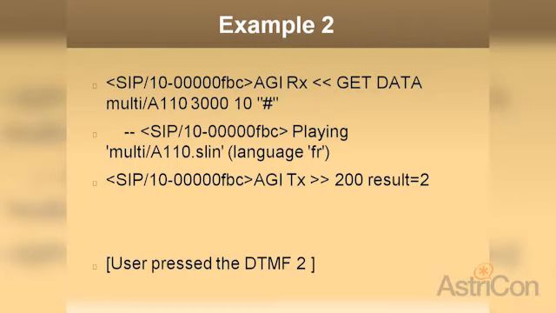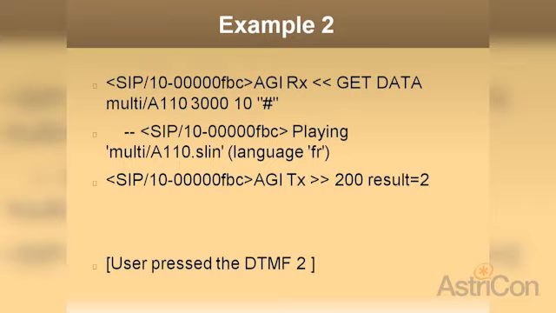So for example 2, my AGI is sending a GET DATA multi/A1110. It's only the name of my file. It's exactly like in the dial plan. When you're calling a GET DATA with a prompt, it's relative to /var/lib/asterisk/sounds/your language.